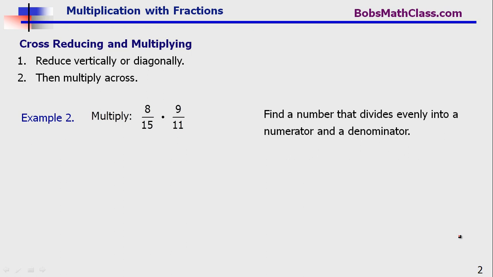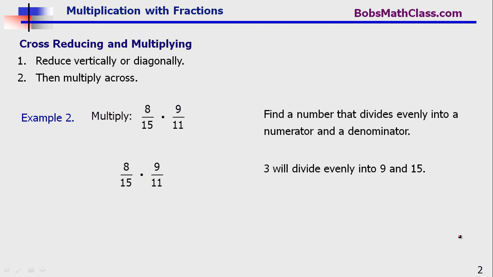Let's see, the 9 and 15, right? What number goes into 9 and 15? 3 does. So we're going to divide both the 9 and 15 by 3. So we're not going to write down the 3. We're going to cross out those numbers 9 and 15, and we're going to write above it or below it how many times 3 goes into that number.